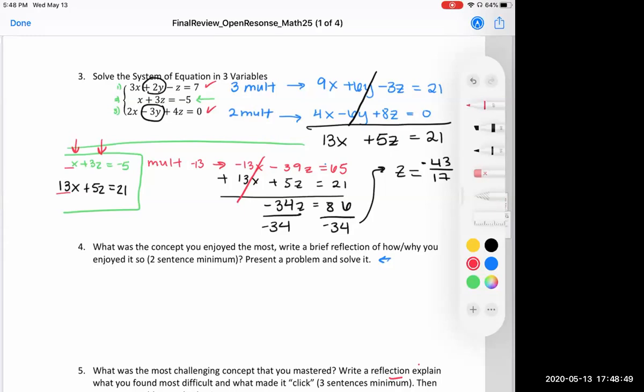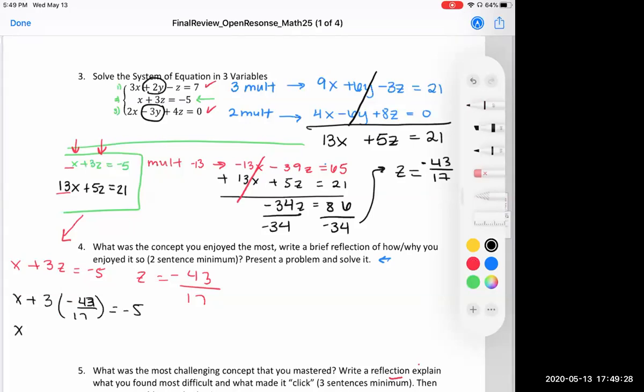Okay, now we found z. Let's take a look at x. So let's plug it into our equation. We have x plus 3z is equal to negative 5. And now we know that z is equal to negative 43 over 17. So I have x plus 3 times negative 43 over 17 equals negative 5.